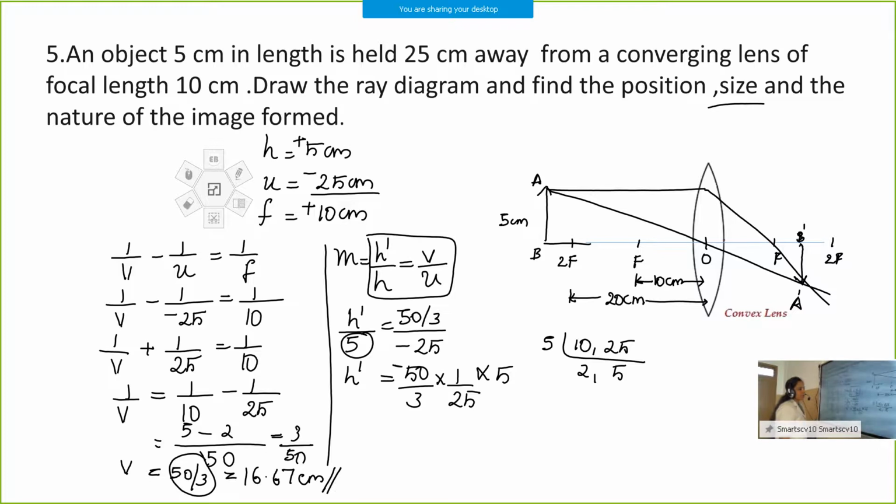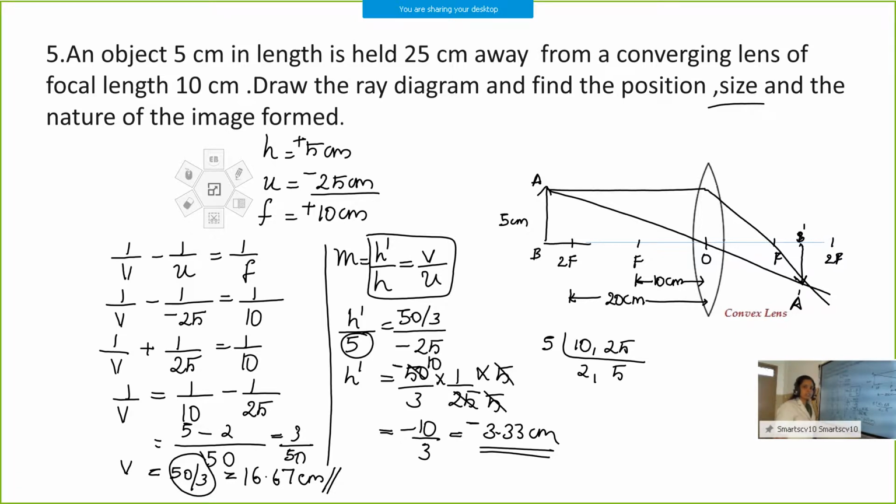Okay. So when you simplify it, 5 5s are 25, then 5 10s are 50. So you will get the answer as minus 10 by 3. So what is 10 by 3? Approximately you will get 3.33 centimeter, and you have minus sign also. So this is the height of the image.